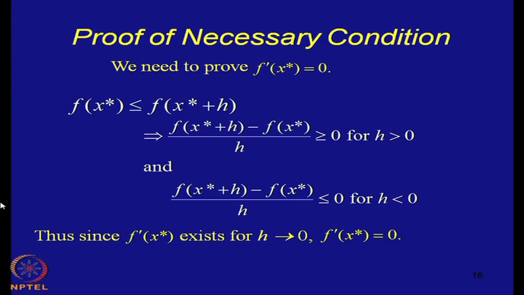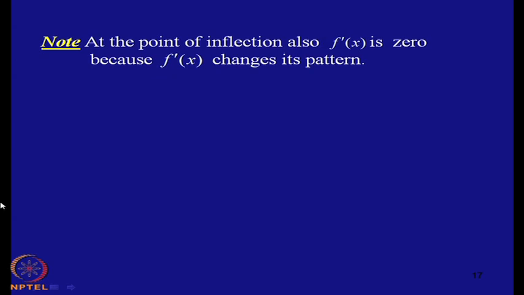As we assume that the limit value exists finitely, the only possibility is that both values must coincide, and f'(x*) is equal to 0. That is why we can conclude from the necessary condition that for the relative maxima or the relative minima, the first order partial derivative at that point is equal to 0.